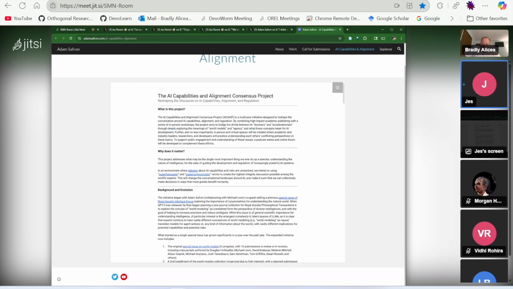But Adam's doing something that he just sort of teased on, collaborating with Michael Levin. Okay. Oh, I see. Yeah, I was talking to him about it, and it's basically a follow up to the special issue. So he's trying to build out some intellectual development in that area.